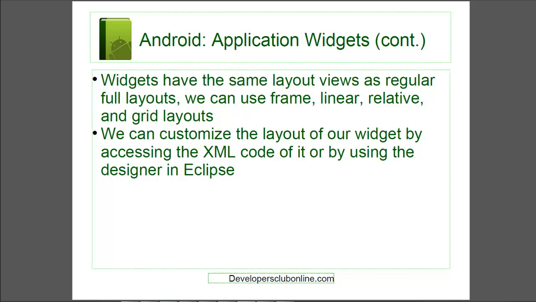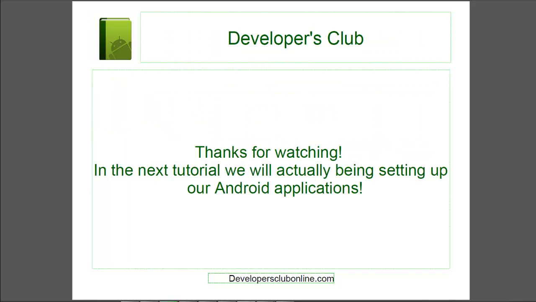Widgets have the same layout views as regular size layouts, so they can use frame, linear, relative, and grid layouts just as regular layout files do. We can customize the layouts by accessing the XML code or using the designer in Eclipse, just like a normal layout. However, it's a more compacted version of it.